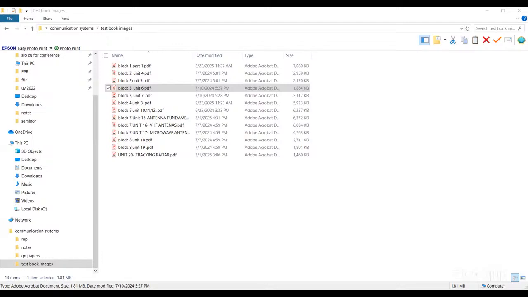First one is PI. PI is the incident wave, the incident power at port 1. What is PR? PI is incident, PR is the received power.